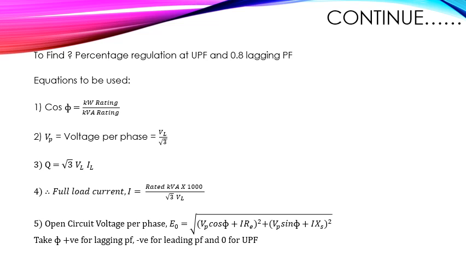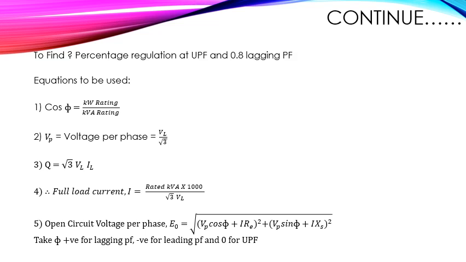So as we know that power factor is nothing but the ratio of kilowatt and kVA, right? So using that we can find out the kVA, that is load in kVA. Then phase voltage is the ratio of line voltage to root 3. Then Q is equal to root 3 times VL IL. Full load current I is equal to rated kVA multiplied by 1000 divided by root 3 VL.